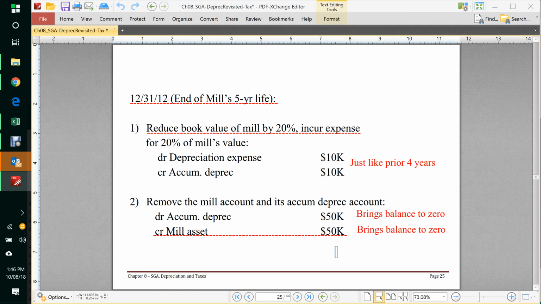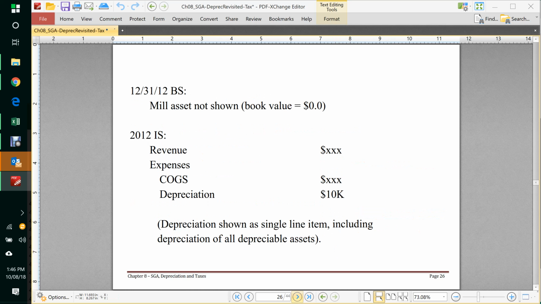All right, so now let's think about our income statement and balance sheet. Starting with the balance sheet for this year, the mill asset is not shown. The accumulated depreciation is not shown. Remember, our rule is that on a balance sheet, any account with a 0 balance, we don't show it.